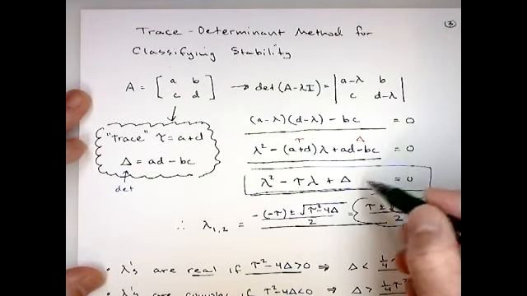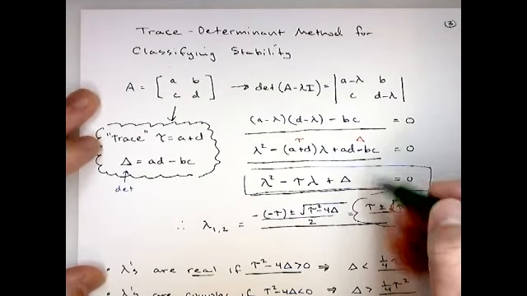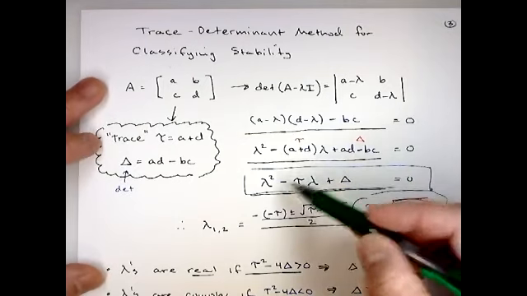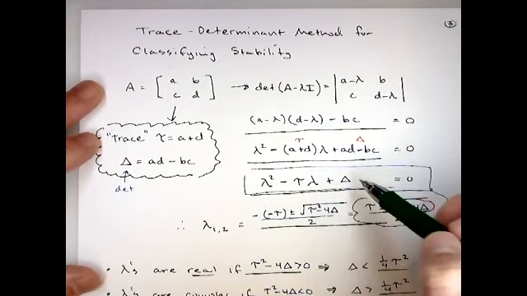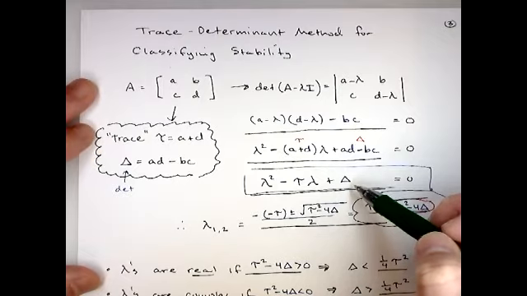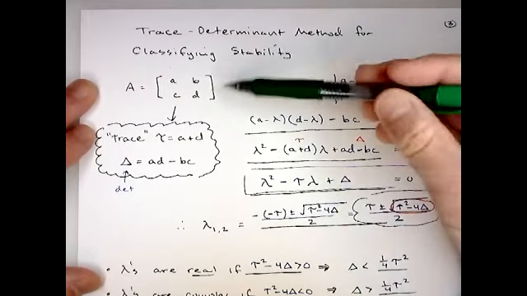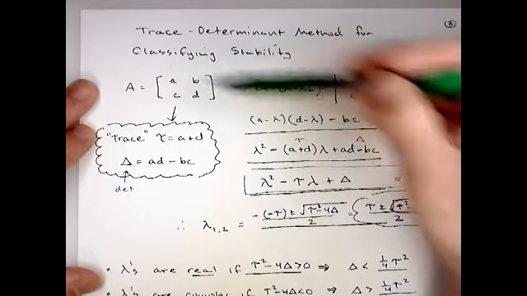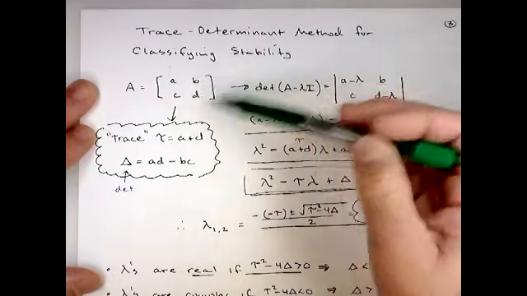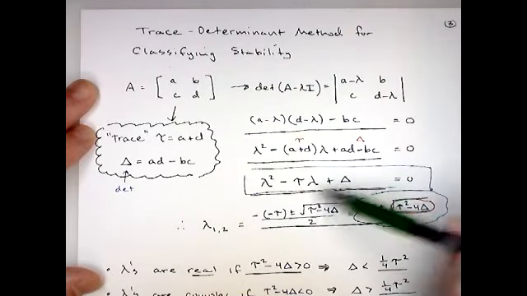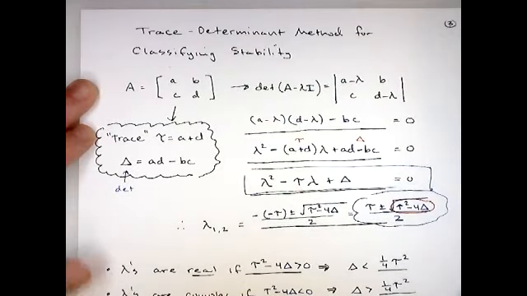The quadratic you will always end up with when you have a matrix is going to have the form of lambda squared minus the trace times lambda plus the determinant. So you could go straight from your matrix to the quadratic by just finding the trace right there and then doing a quick determinant calculation, and that will go there, and then you can go on to factoring it.